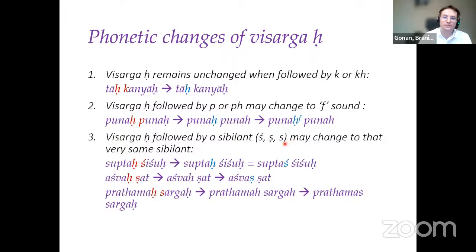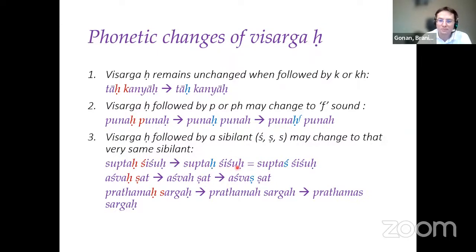Punaf, punah. And then when it is followed by a sibilant, sh, shh or s, Visarga may change to that very same sibilant. Supta shishuhu. In the text, you can sometimes find this change written as supta shishuhu, and if you find this in the text, it is not any wrongdoing, right?